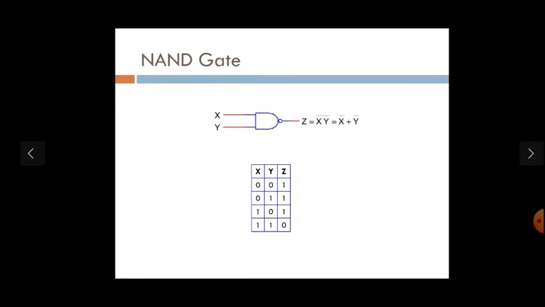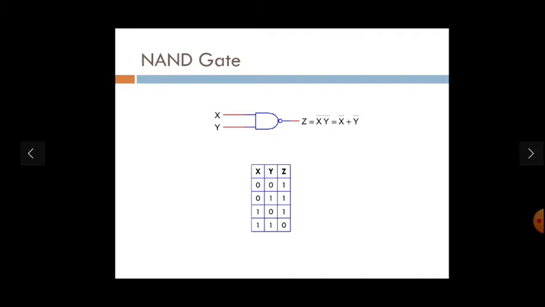See the truth table of NAND gate. Here X and Y are two inputs of NAND gate and Z is the output of NAND gate. There are four possibilities of two inputs. First one is 0 0, it means X is 0, Y is 0.